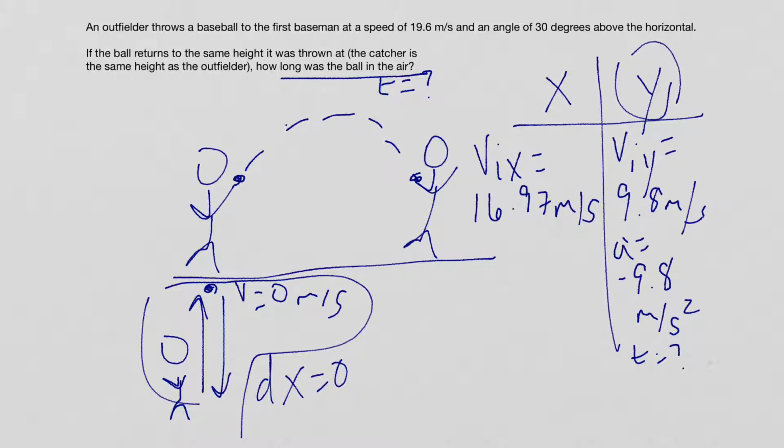So let's do that. Let's look at our motion equations in our reference table. And we can see that we have an equation that has initial velocity, acceleration, and time, but we need a final velocity.